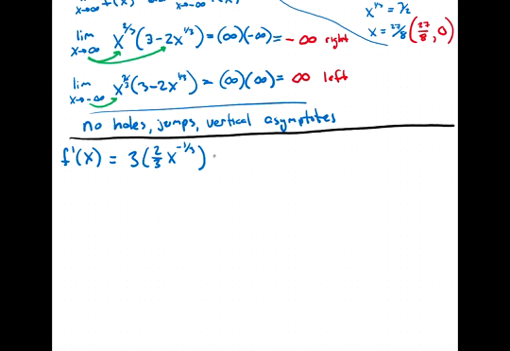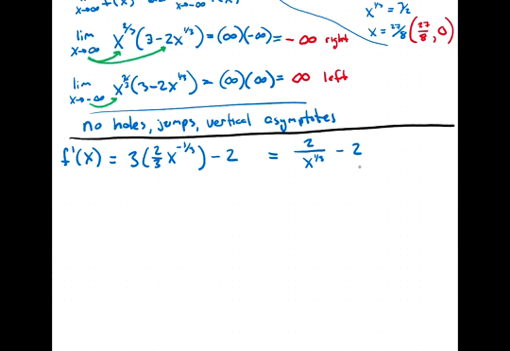And the derivative of the minus 2x is a minus 2. And so it looks like the 3's cancel. So we could simplify this to, let's say, 2 over x to the 1/3 power minus 2. All right, so there's our derivative.